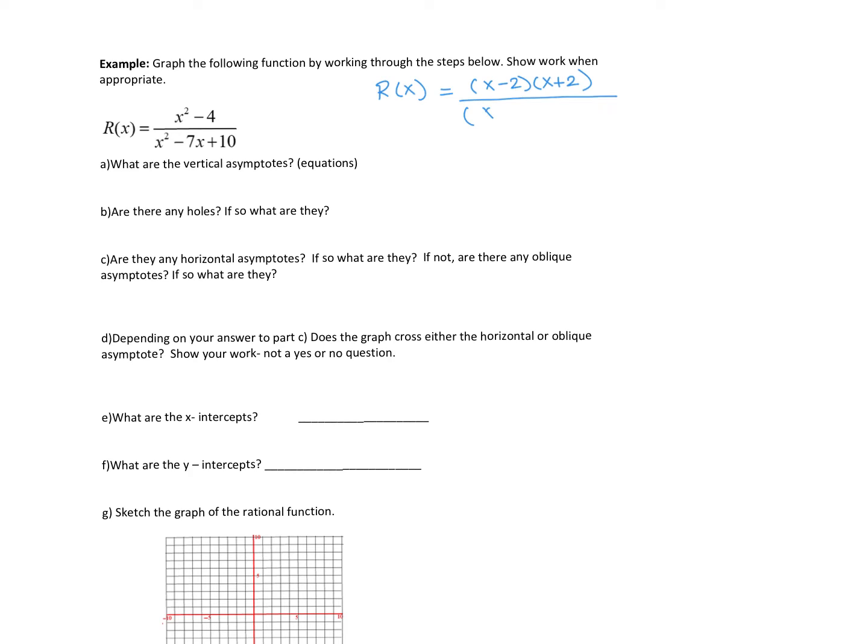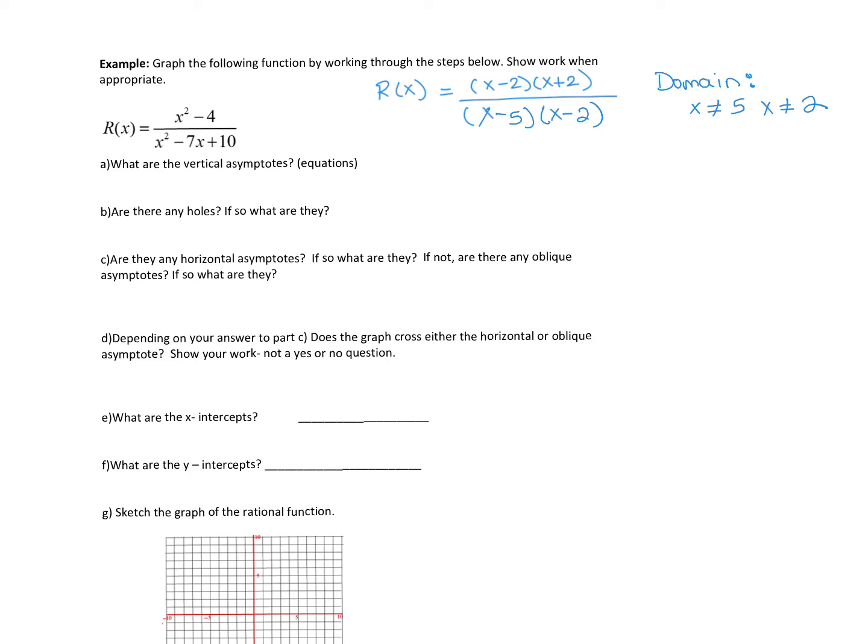And on the bottom, x minus 5 and x minus 2. So for our domain, we know that x cannot be 5 and x cannot be 2.